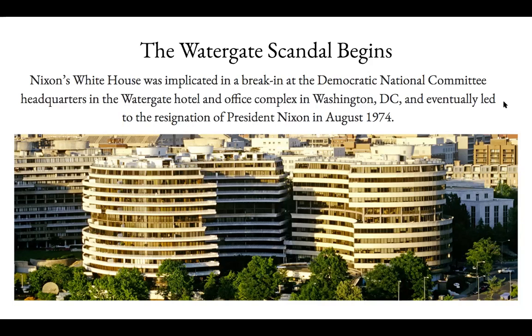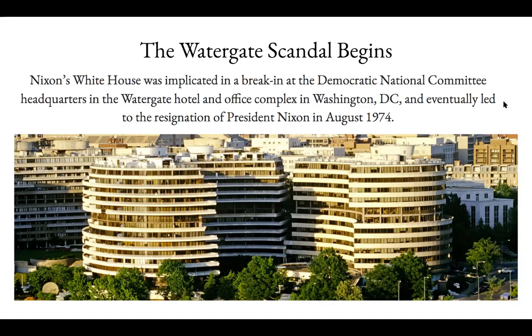So what exactly is this scandal? Well, it was an attempt by Nixon to cover up his involvement in the illegal actions during his re-election campaign in 1972. He was running for president again, and 5 of his supporters broke into the DNC headquarters in order to steal information. When this happened, it was discovered, and right from the start, Nixon and the White House as a whole denied that they had had any involvement in this.